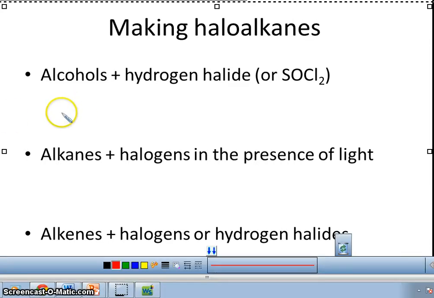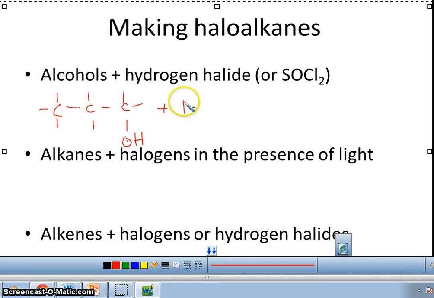So start off with an alcohol. So if I have, say, a carbon chain with an OH on it, I can react that with a hydrogen halide. So I got this the wrong way. You should have told me again.